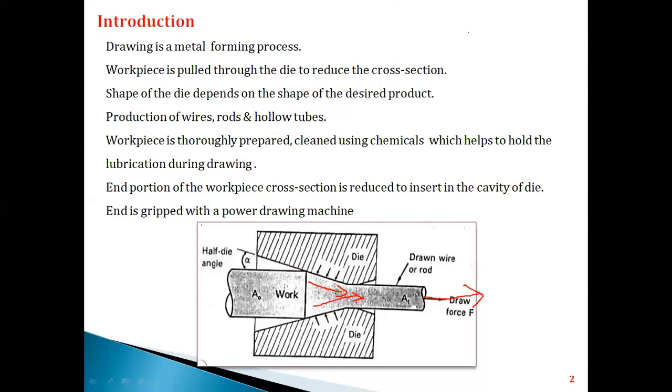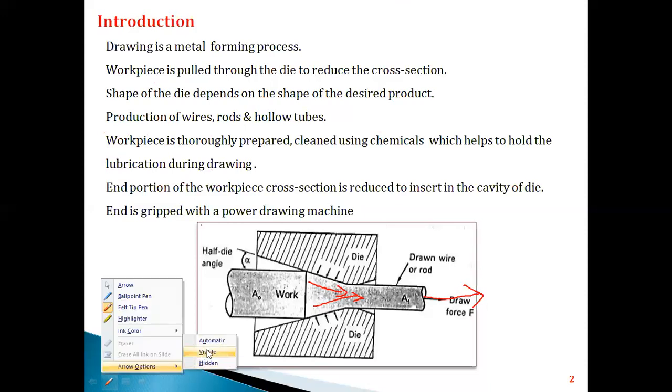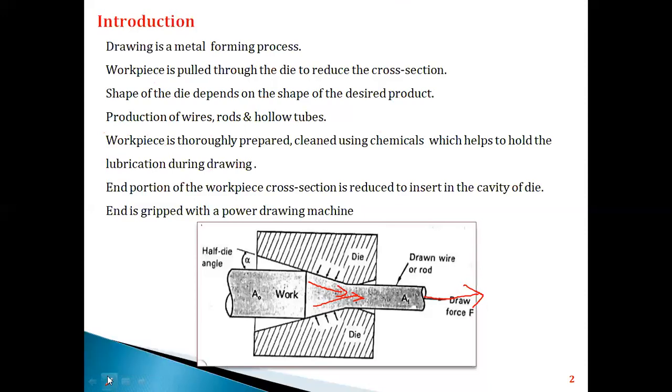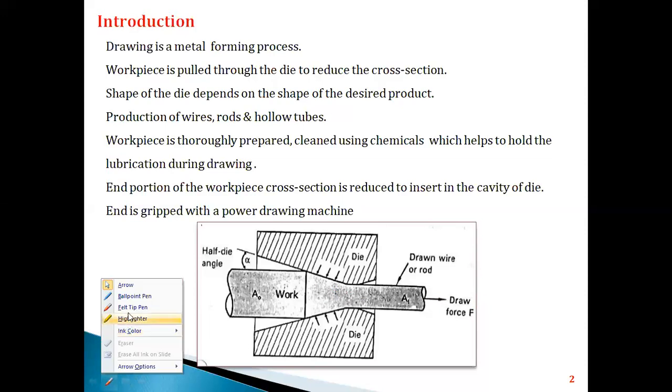Initially you cannot go directly for the pulling action. The raw material's end portion is prepared in such a fashion that its cross section is reduced initially, and then that reduced cross section is made to freely enter into this die cavity.